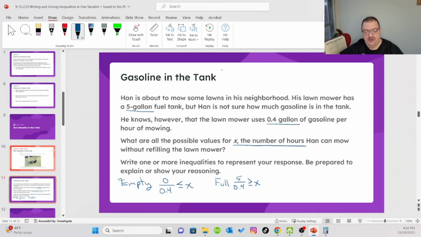So we could rewrite this to say empty is 0 divided by 0.4, and that is less than or equal to x, which is our hours of mowing, which is less than or equal to it being full.